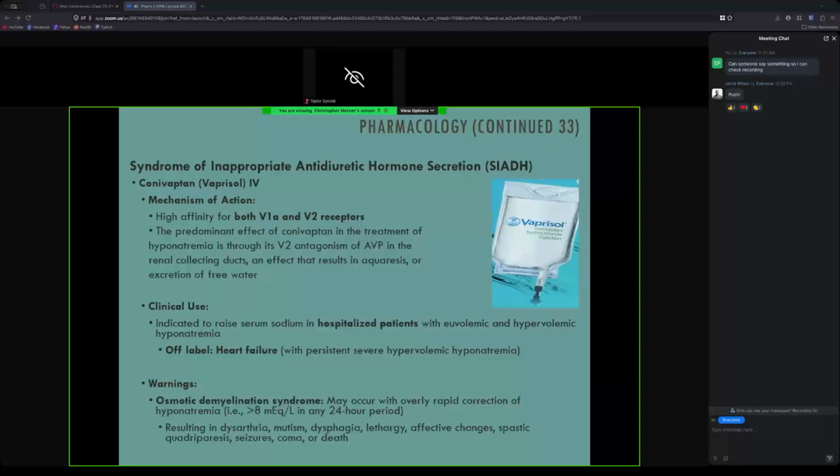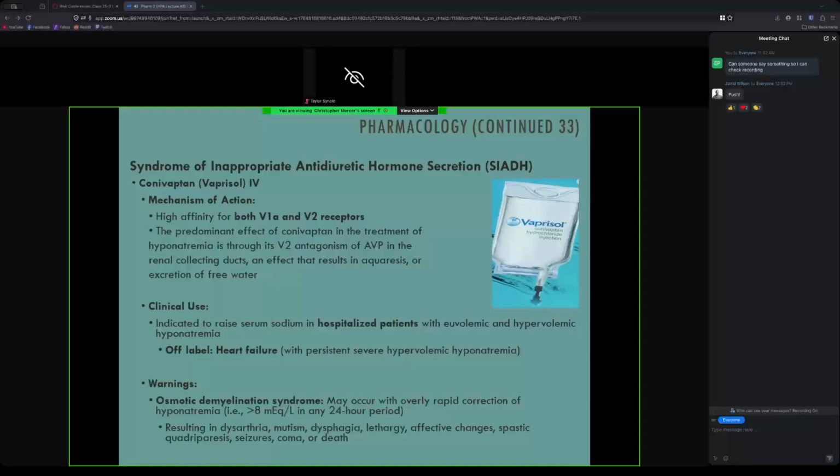And I think if I didn't mention it in the earlier slides, it might be on an upcoming slide, but the symptoms of that osmotic demyelination syndrome, the cluster is going to be dysphagia, quadriparesis, seizures, coma, even death. So yes, there you have them, the bullet under warnings on the bottom.